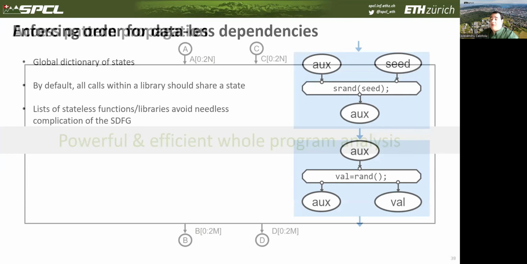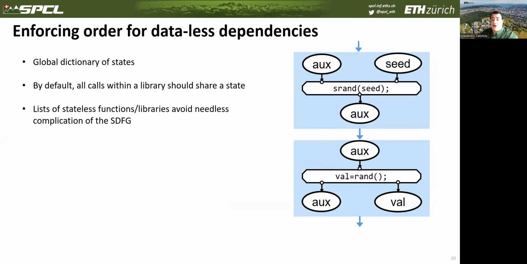So if we have functions which are outside the scope of our analysis, opaque functions, system functions such as random, a problem is that with no explicit data flow dependencies, our IR would be able to reorder such accesses.